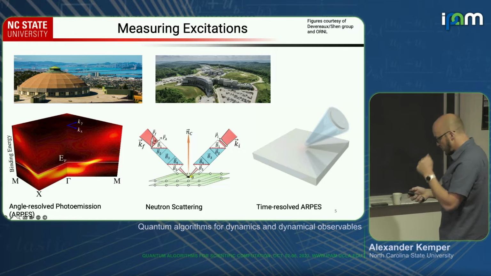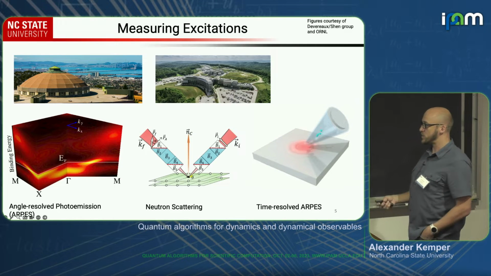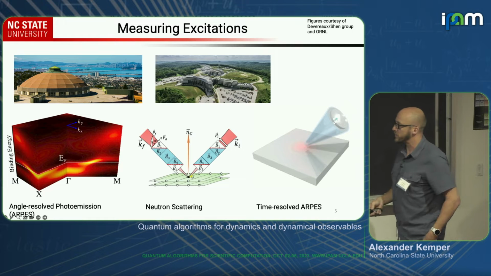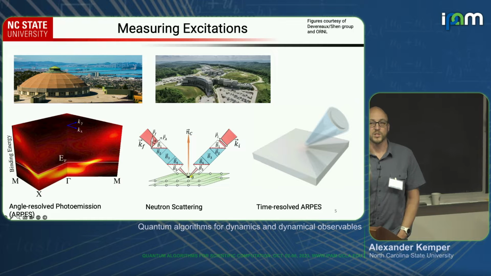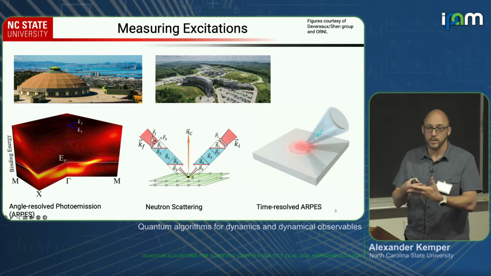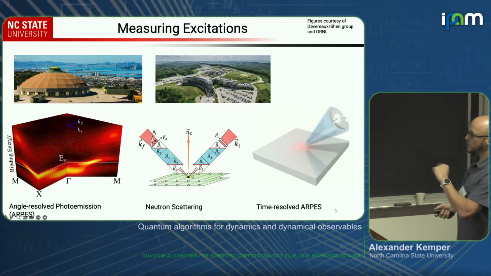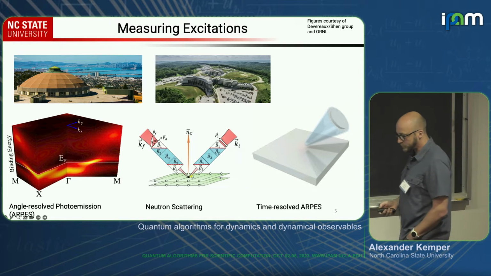They do these experiments, and they go by various very fancy names. We get longer and longer acronyms every year, but they all measure some type of excitation out of your material. Almost never do they measure just a ground state property. Right? So these are the sorts of things that are helpful to do once you have a ground state.